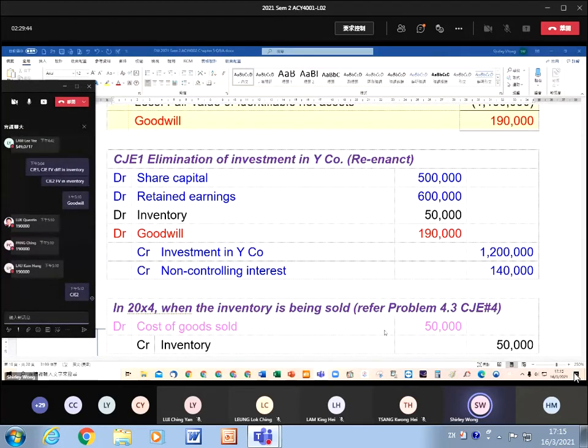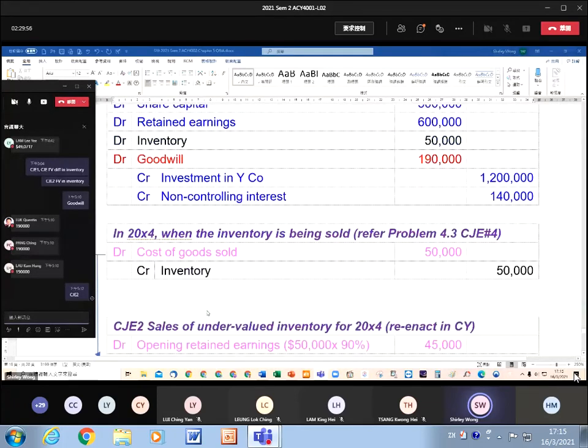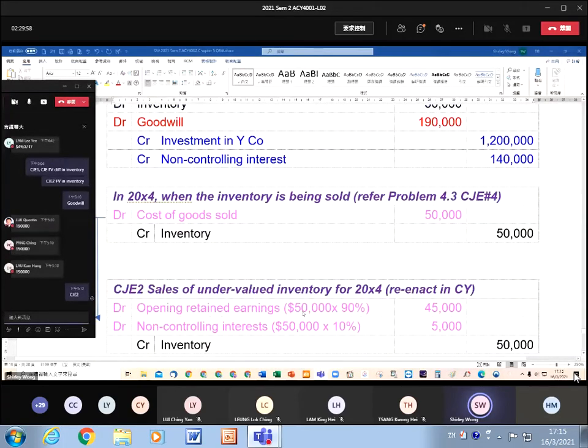Now it's 2005. You need to re-add what you have done in 2004. You're no longer able to debit cost of goods sold because the income statement is being closed. Therefore, you need to debit opening retained earnings, debit NCI, and also credit inventory for this 50,000.